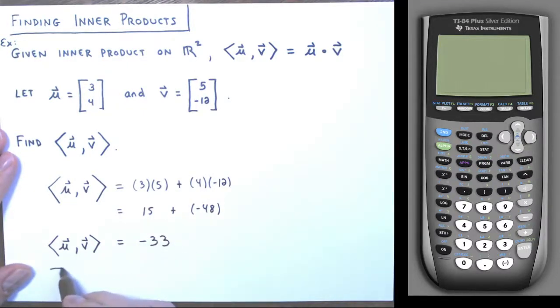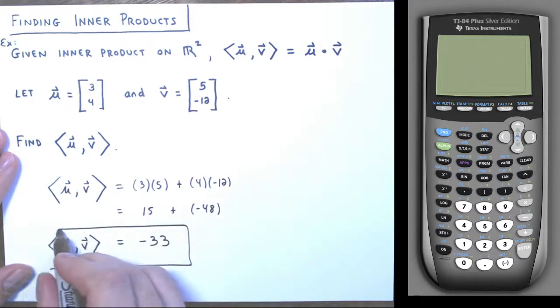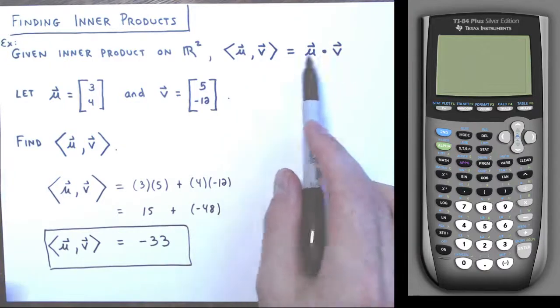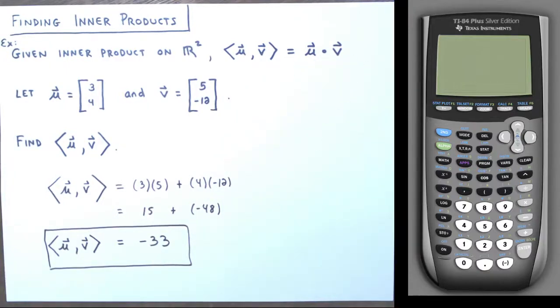And that's it. The output should be a real number, and this rule satisfies all four of those properties. Again, I'm not going to verify that. You can try on your own to verify that this inner product does satisfy the symmetry, additivity, homogeneity, and positive definite properties.